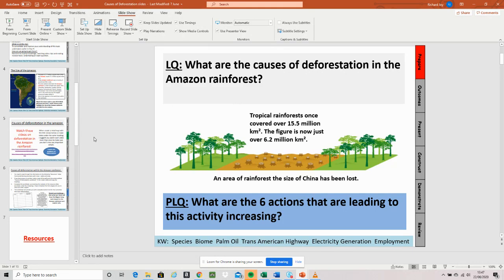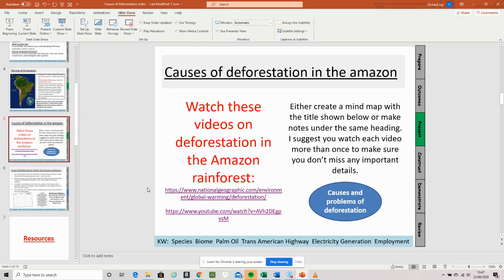Let's start by actually talking through some of the stuff from the videos that you would have gone through on this 2-week work. As they highlighted, 30% of the world is rainforest. And if we carry on at the rate of deforestation that we've got at the moment, then that could completely disappear in about 100 years.